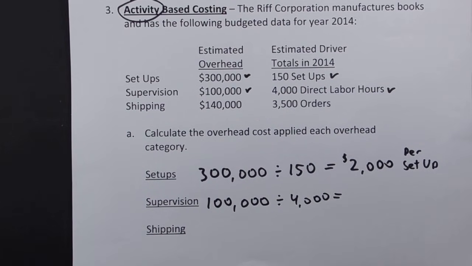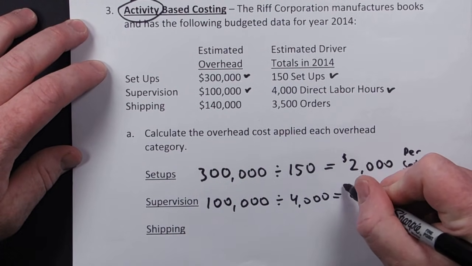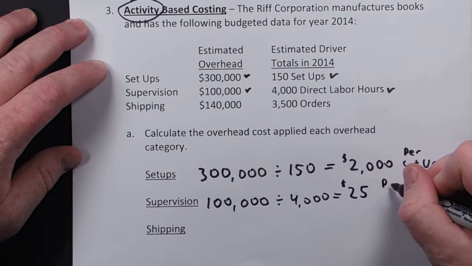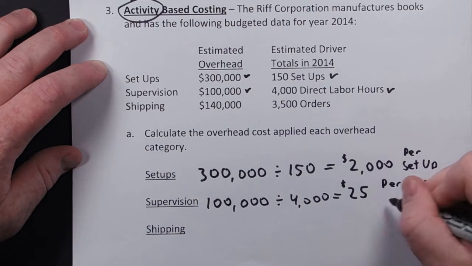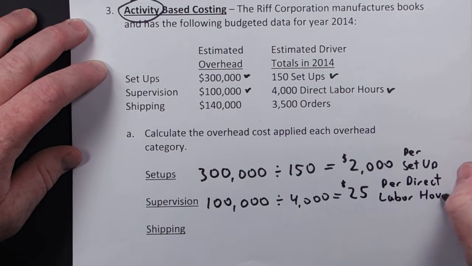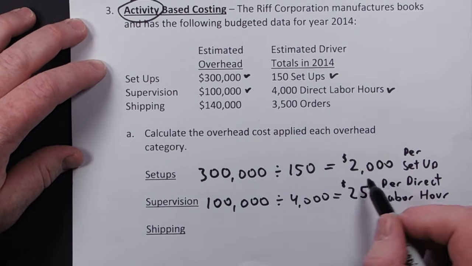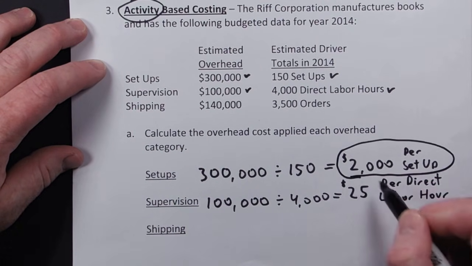So we're going to take the 100,000 divided by 4,000 direct labor hours, and we'll come up with $25 per direct labor hour. Let's circle these so we keep them separated here.